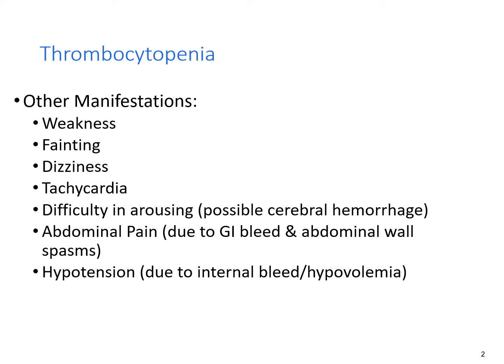This is probably going to be the one with the decreased levels we mentioned earlier, like less than 5,000, so definitely they have cerebral hemorrhaging going on, and it's difficult to arouse them. You're paying attention to the manifestations, but tying them to the levels of platelets as well. Things like abdominal pain due to GI bleed and abdominal spasms, things like hypotension due to internal bleed or hypovolemia. So you're monitoring all of that closely.